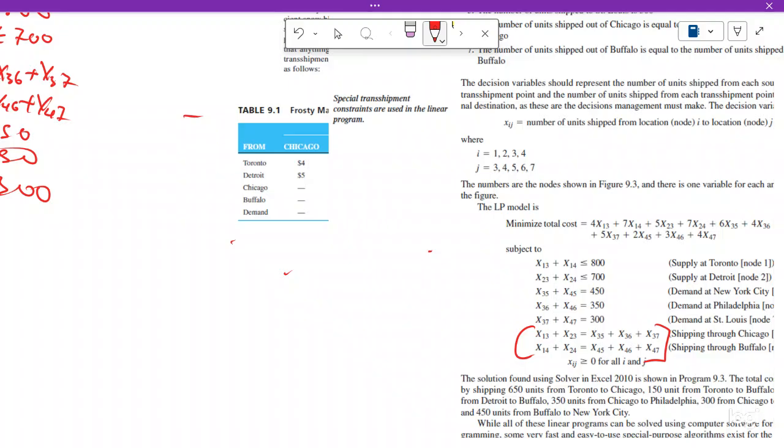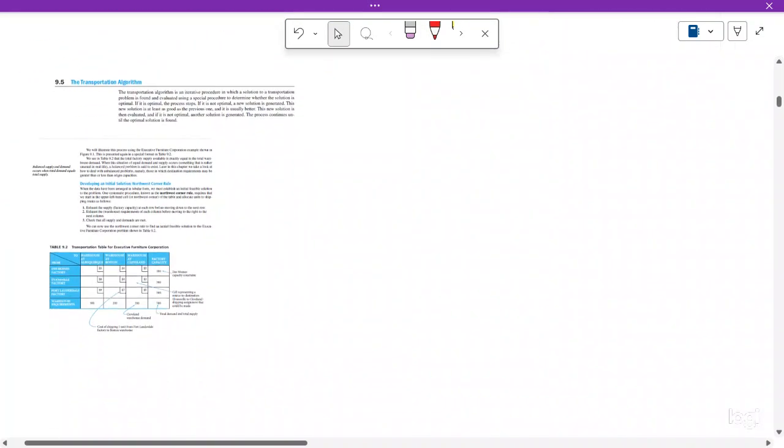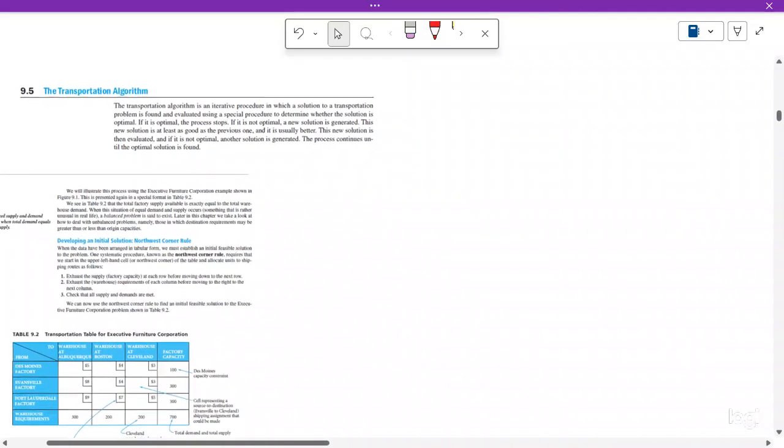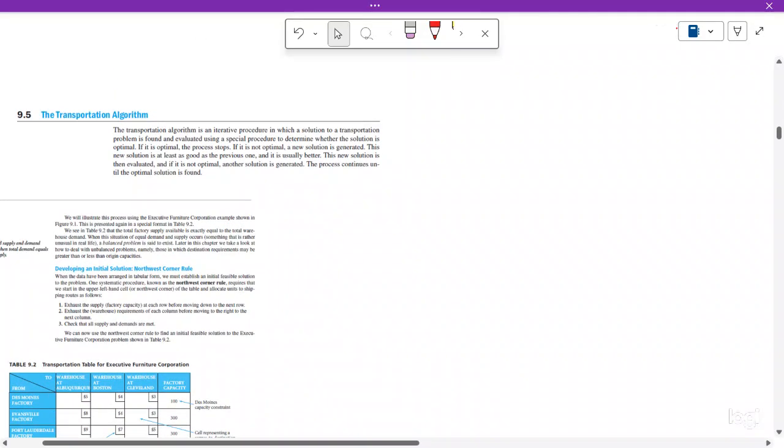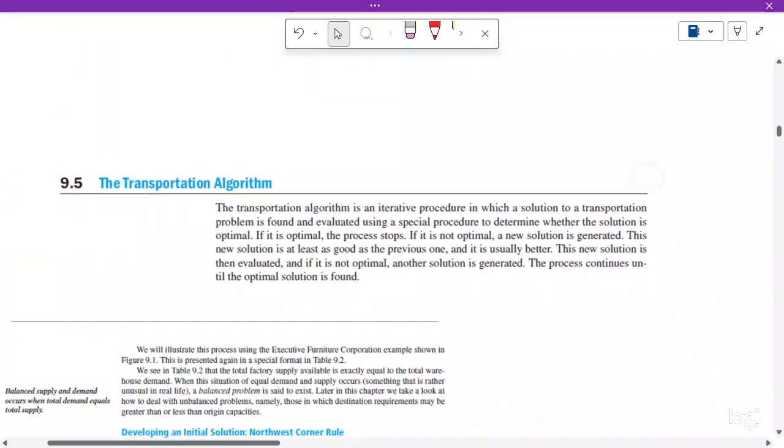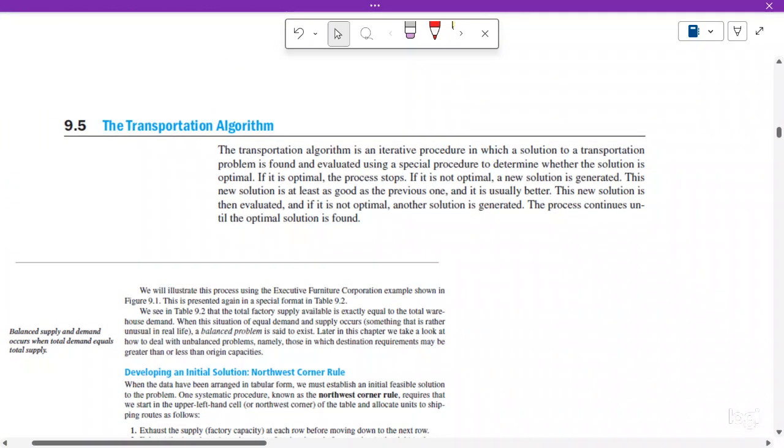If you start with those ones, then you punch this into your calculator. So, the next concept.